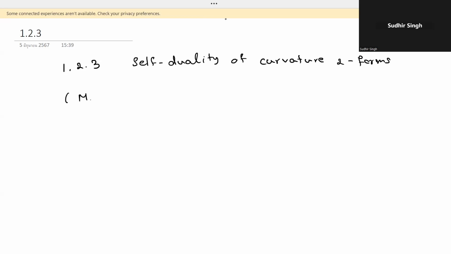So now the setting is a vector bundle, but the base manifold is strictly 4-dimensional. And because we are going to define the Hodge star operator, we require it to be oriented pseudo-Riemannian with the metric g.